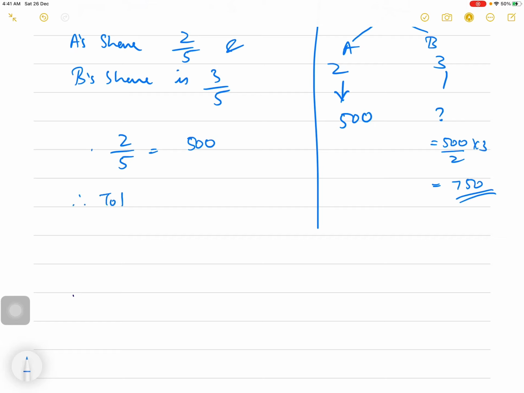So therefore total money will be equal to 500 into 5/2. So 500 into 5/2 comes to 1250.